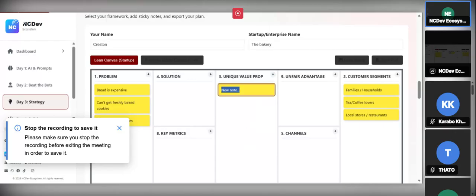The problem that we have also identified was lack of, what was it, HACCP, if I'm right here, let me check. Regulatory and compliance.